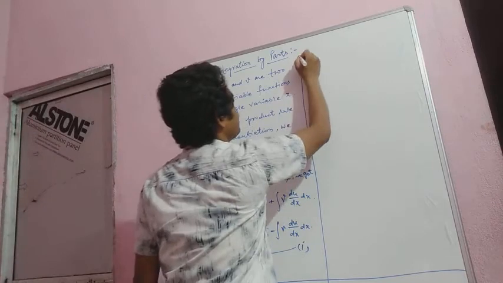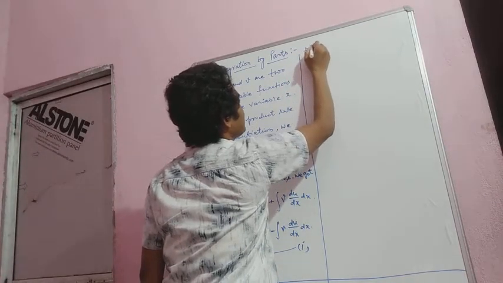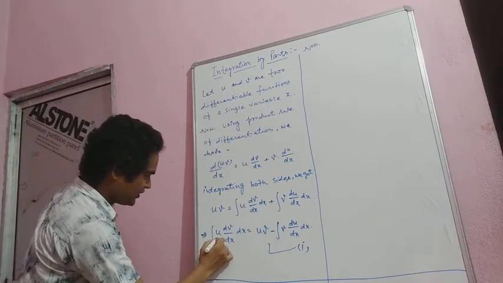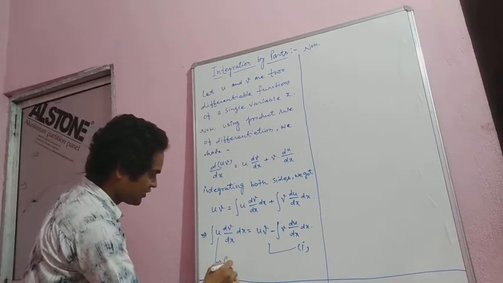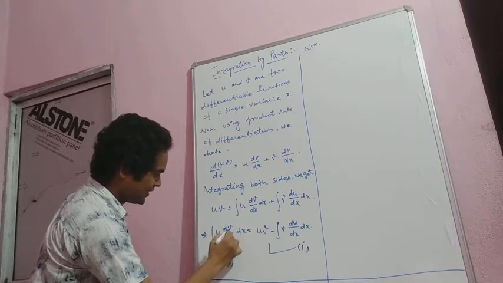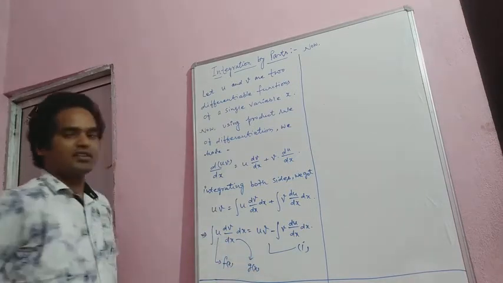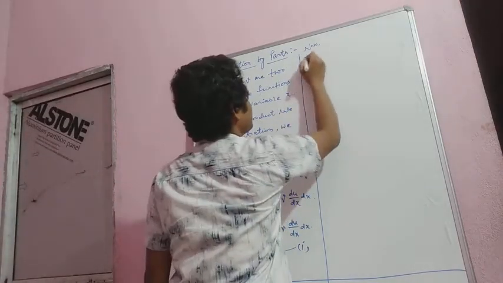Now here, students, we assume u is equal to f(x) and dv/dx is g(x).